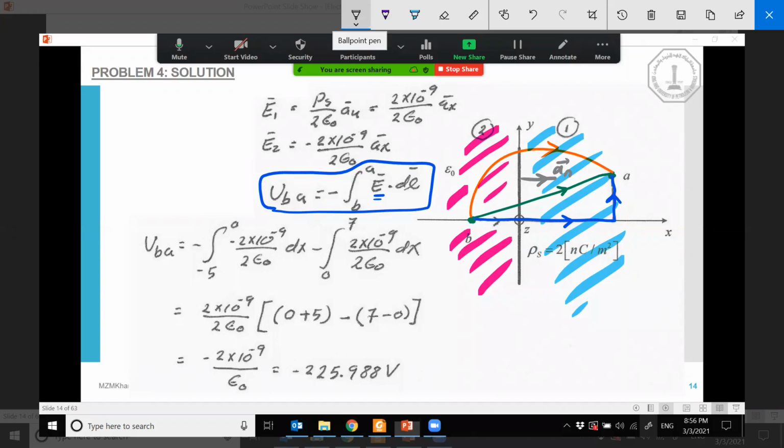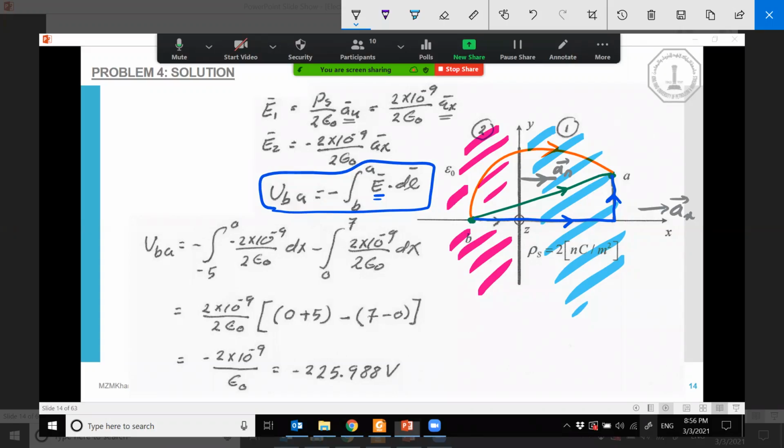Yes, because AN is the generalized formula, and now we are applying this generalized formula for our problem statement. In our region 1, AN is this direction, which is nothing but the direction of x. This is my AX, so my AN is my AX. That's why I'm replacing AN with AX. So this is the electric field in this blue region.